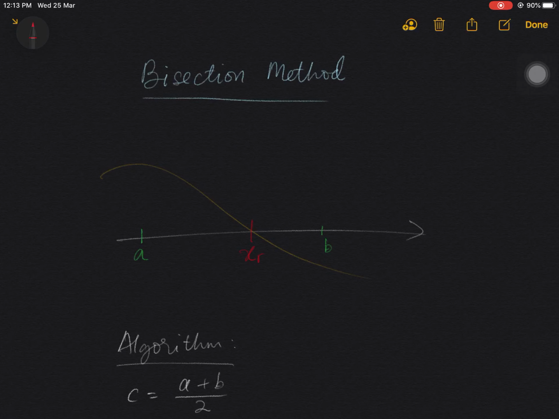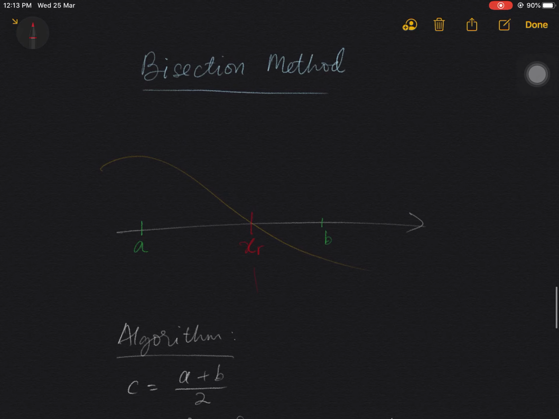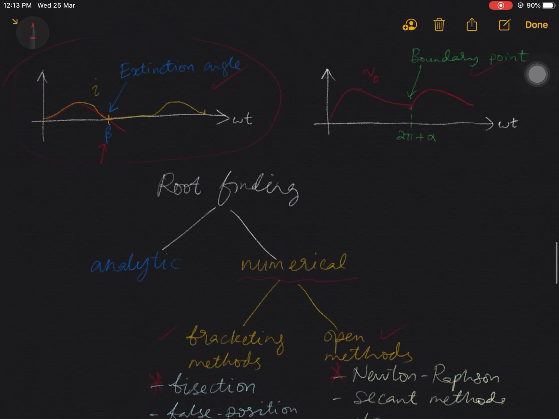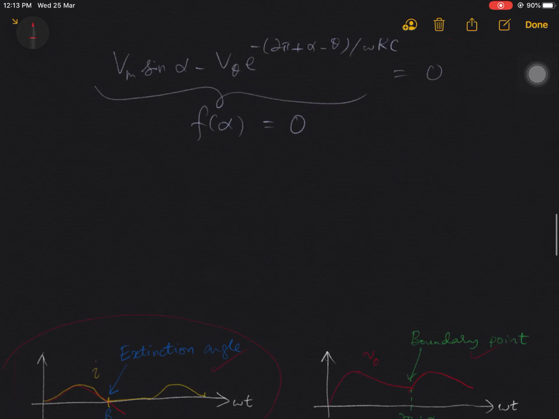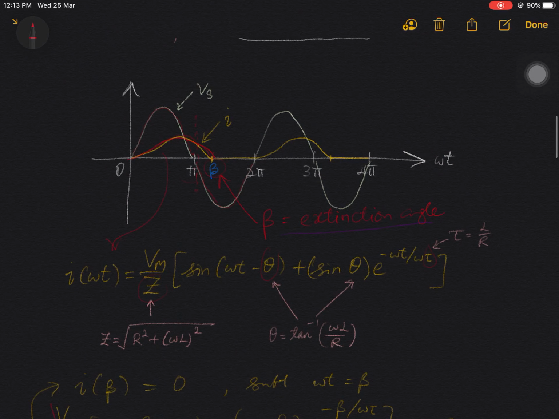Suppose that we know this root lies inside a bracket, in which the boundaries of the bracket are A and B. This is not a big problem because we know that beta lies between pi and 2 pi.